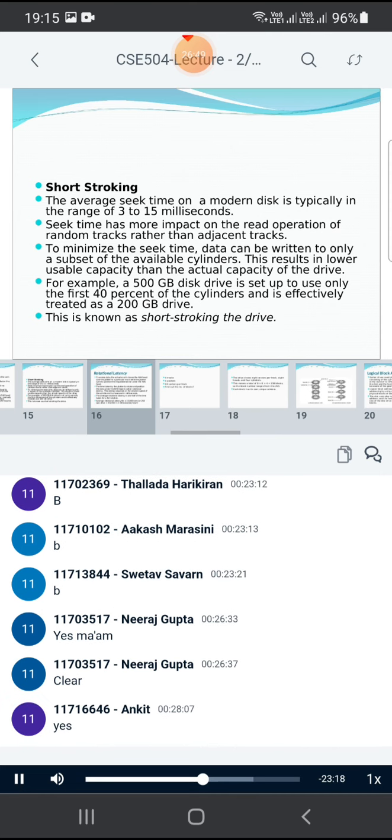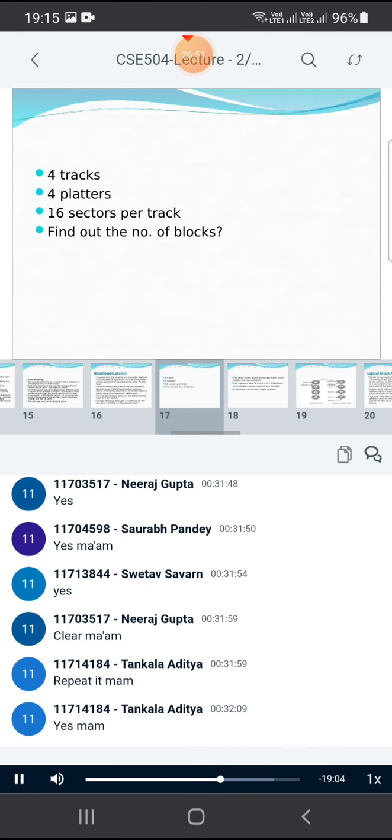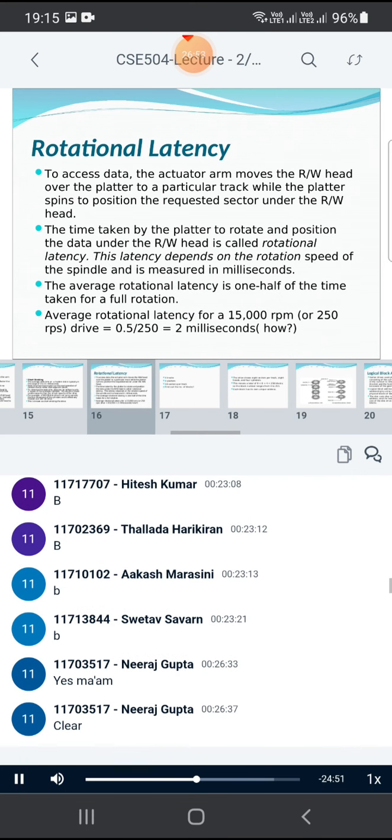My question is in the seek time diagram, right? Now we are going to talk about rotational latency. For understanding rotational latency, again you need to relate it with the working of the drive.